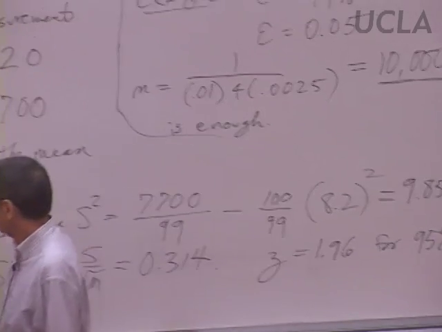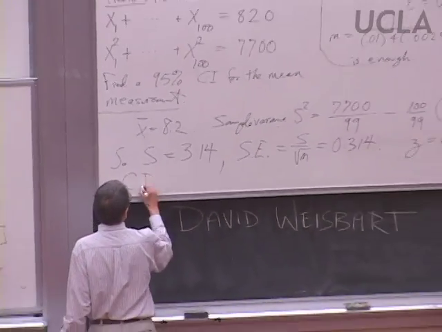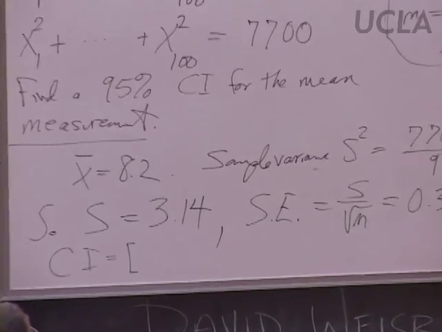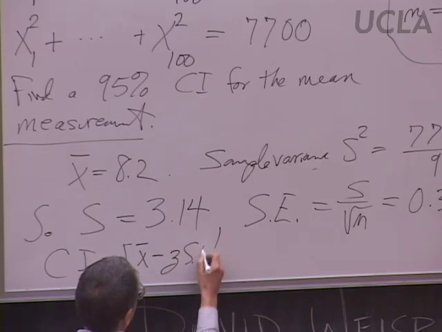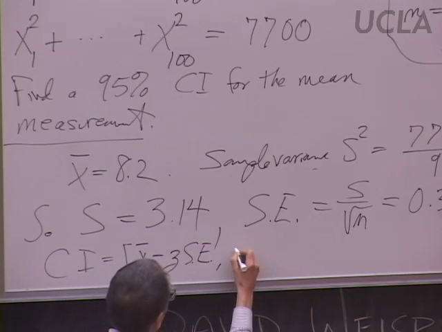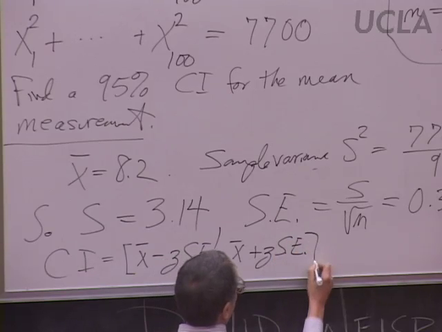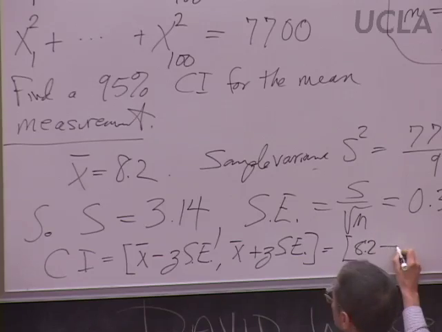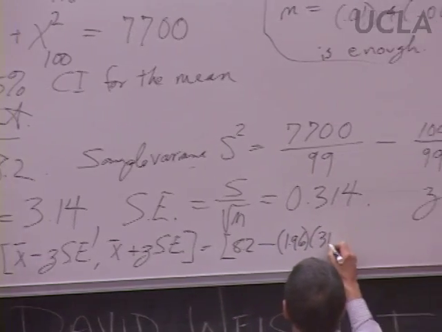So our confidence interval is x bar minus z standard errors up to x bar plus z standard errors. Okay, and we have enough to fill this in.